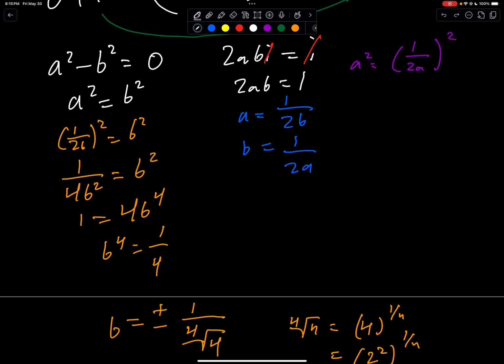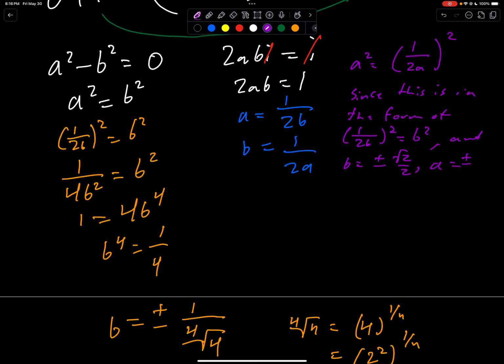So I'm going to write here just to make it clear, since this is in the form of 1 over 2b squared equals b squared, and b equals plus or minus root 2 over 2, a must equal plus or minus root 2 over 2, since it's also in the same form.